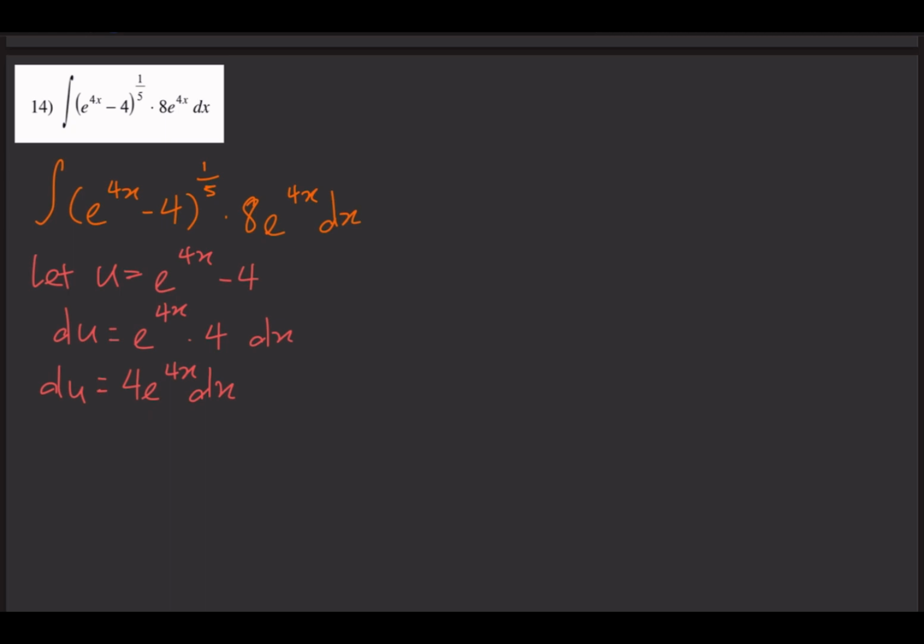And now you notice 4e^(4x) doesn't exactly cancel each other out. So what do we do? Very simple. Multiply both sides by 2. You can always multiply both sides by 2. And what you will get is 2 du equals 8e^(4x) dx.